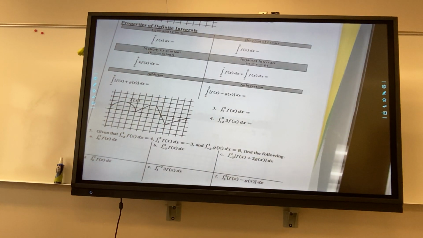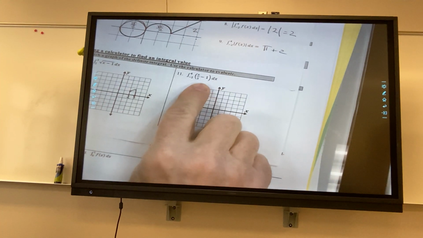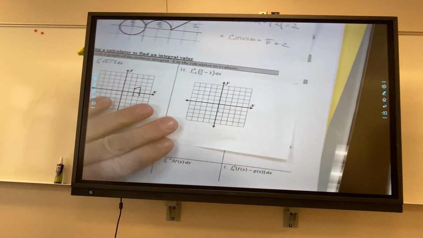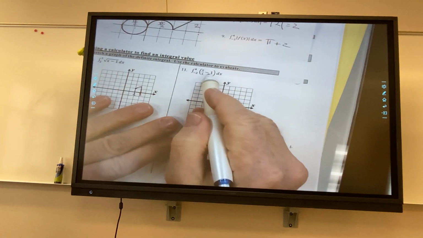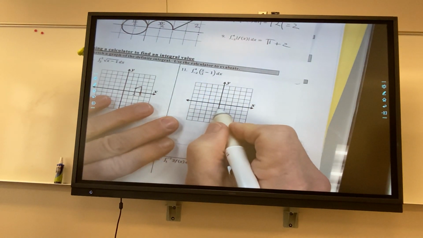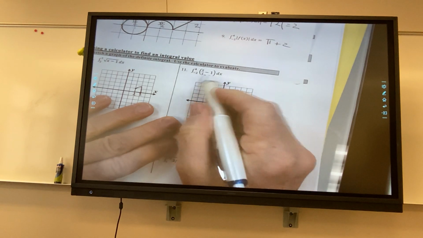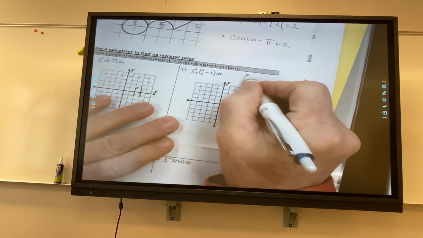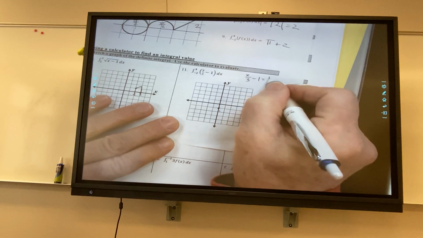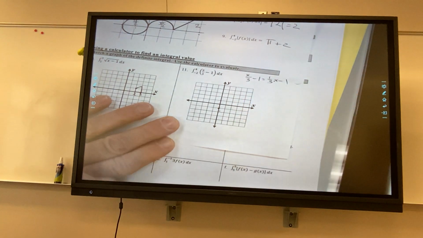Everybody okay on that? All right, so I want you to do this one. I'm gonna draw it. So if you take a look, my y-intercept is a -1. And does everybody see that x over 3 minus 1 is equal to 1/3 x minus 1?